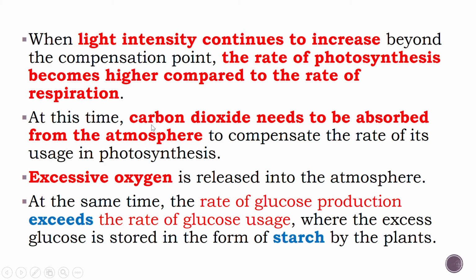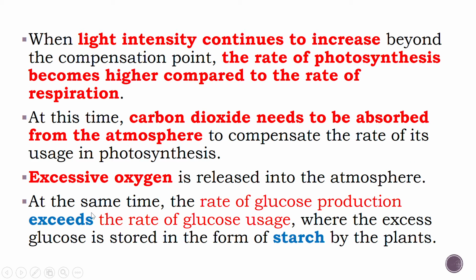So at this time, carbon dioxide needs to be absorbed from the surrounding atmosphere to compensate for the rate of its usage in photosynthesis, because of the higher rate of photosynthesis. And at the same time, excess oxygen, remember oxygen is the byproduct of photosynthesis, is released to the atmosphere.